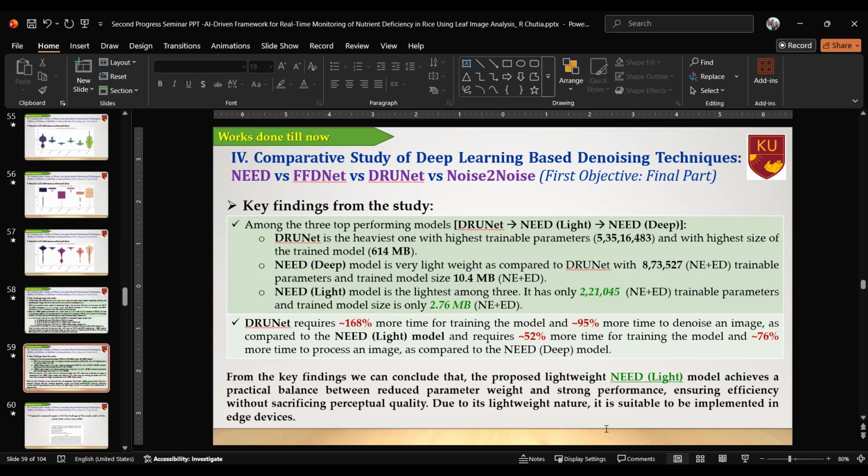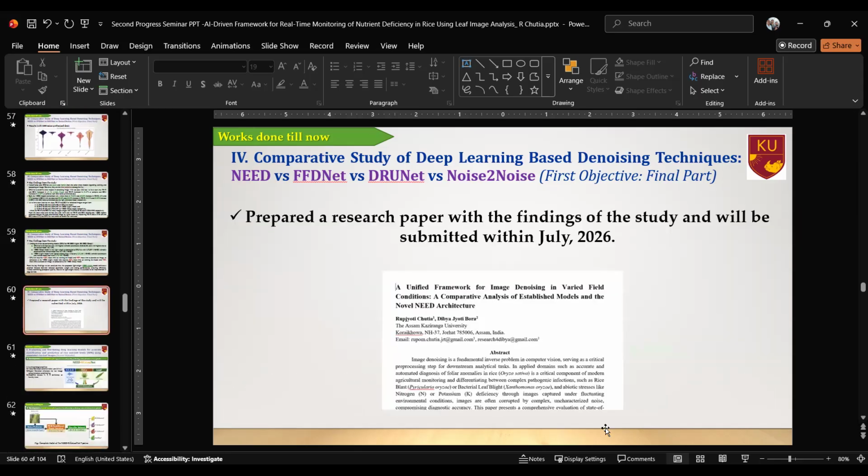These are the findings from the comparative study between the deep learning based models for denoising images. After that we prepared a research paper with the findings from the study, and it will be submitted to a journal within July 2026.